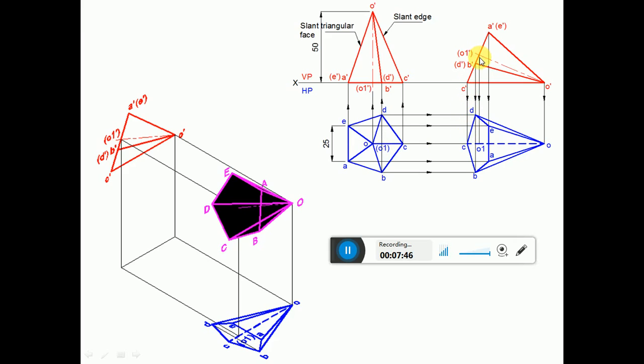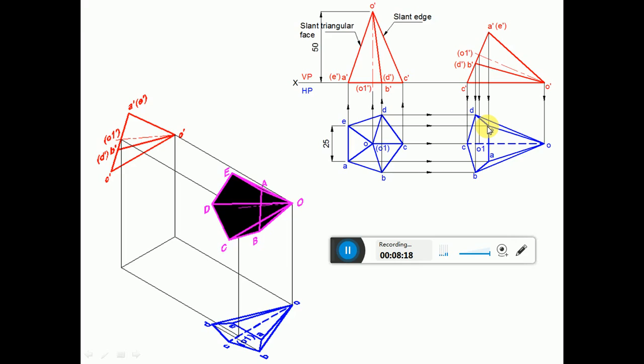Similarly, draw a vertical projector from O1 dash to meet at the point O1, and from O dash to meet at this point O. Now similarly, draw vertical projectors from B dash and D dash, and draw horizontal projectors from B and D to intersect at the points B and D. Then draw a vertical projector from A dash E dash, and draw horizontal projectors from A to intersect at this point A, and similarly to the point E here.